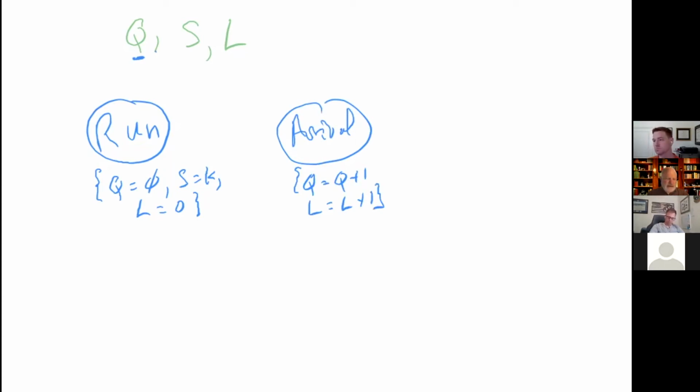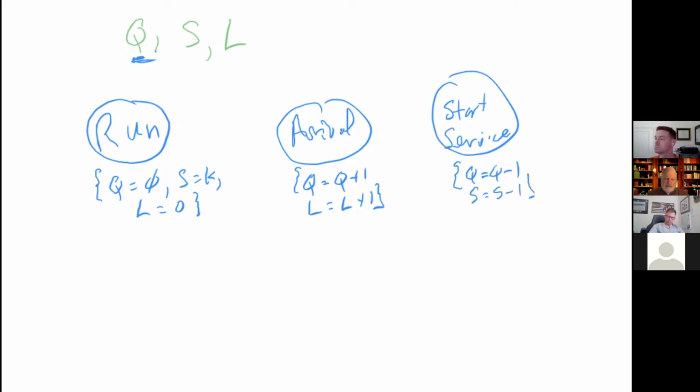Then we have, okay, now what happens when Q goes down by 1? Well, that's when they start service. So that's an event we called start service. And its state transition was, we took a guy out of the queue, and we took an available server out of the pool of available servers.